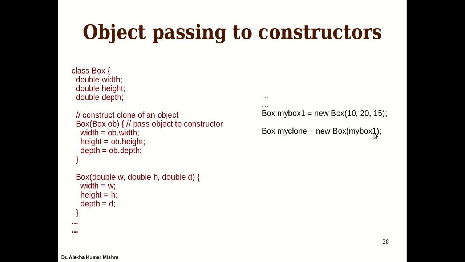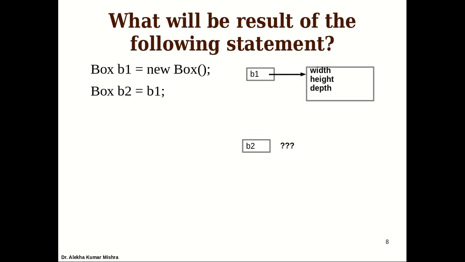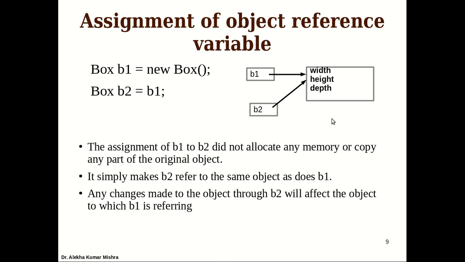We have already seen at the beginning what happens when we write in this form. Let me go back and show it to you. Yes, when we write in this form, what happens? We have already learned this. Box b1, an object, already exists. So when we do Box b2 equal to b1, a reference is created. The same thing is happening when we call a method. We are not using new to create memory for b2, which you have seen in the clone part of our constructor, which is copying the object.